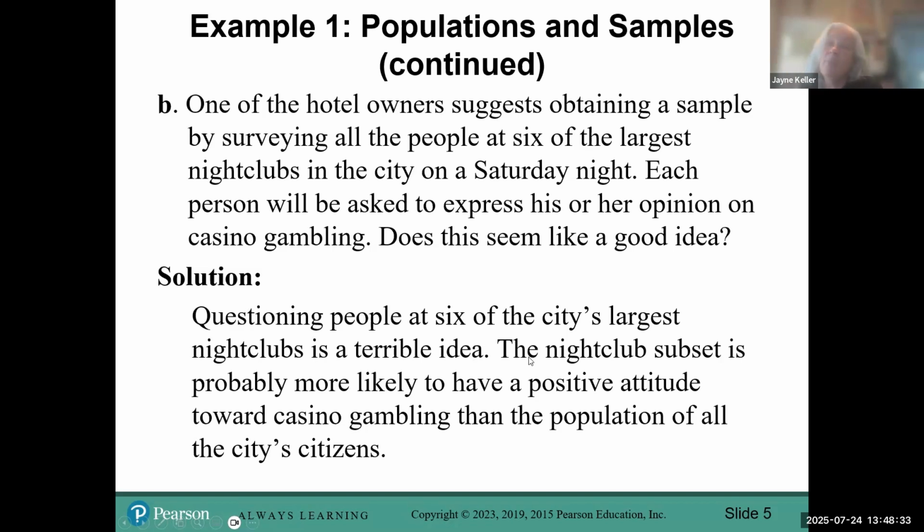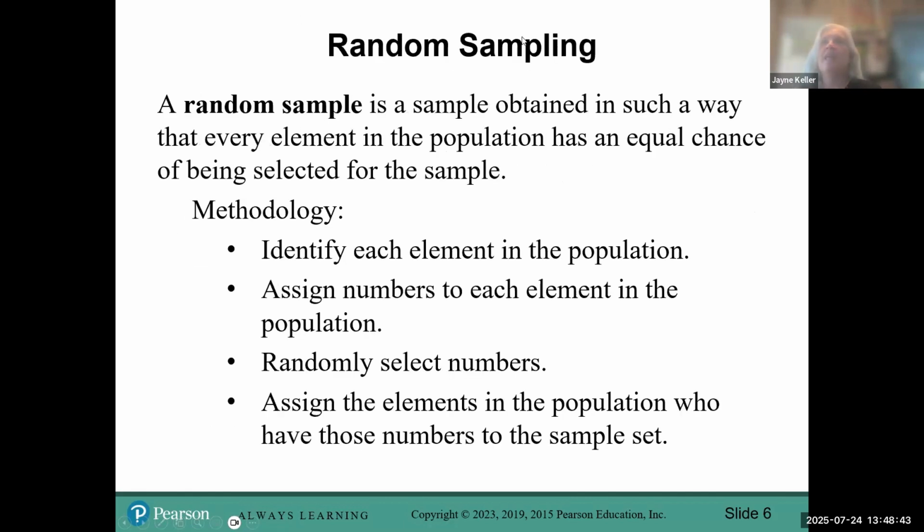So it would be a sample, but it's probably going to give you an opinion that's different from if you were able to reach a more random group of people. So here's what we mean by a random sample. We somehow are able to select people in our sample completely randomly. So imagine if I could number everybody that lived in that city, randomly draw numbers out of a hat, however many I wanted.